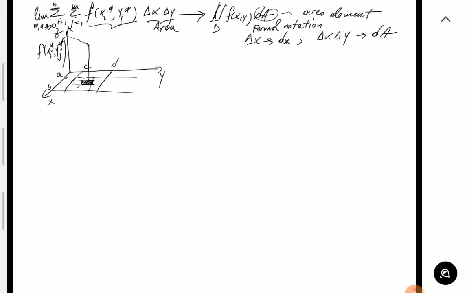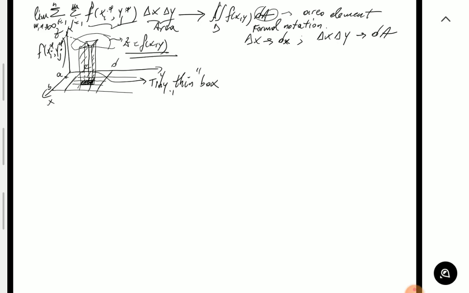Now what happens if you multiply a height with the area of this tiny little base? Well, you form basically a tiny parallelepiped, a tiny thin box, to use a more colloquial term. Tiny thin box. And that thin box is going to cut the surface. We're not going to be able to sketch it here, but it's going to cut the surface which represents the graph of the function.